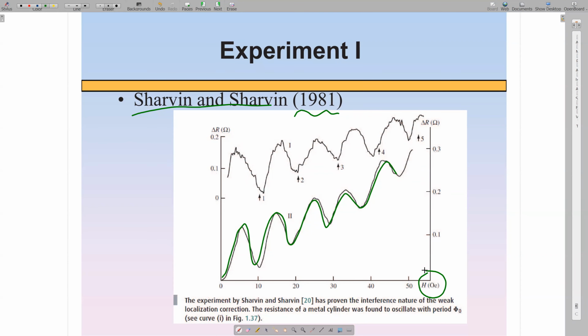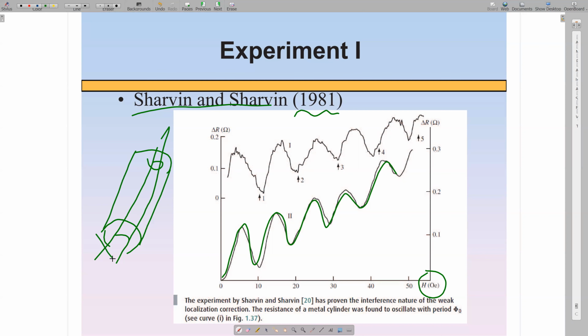Good. What was the system? The authors wanted to make a small structure, and they have taken a whisker, a special insulating crystal, which can be very thin and long. They took this whisker and they evaporated a cylinder of tin upon that, which was pretty long.